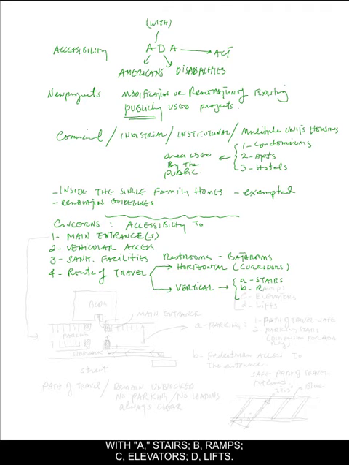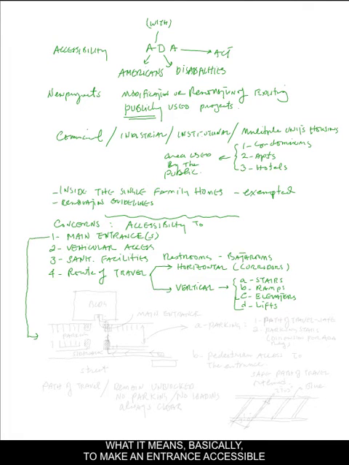B. Ramps. C. Elevators. D. Lifts. So these are the main areas in which you need to be concerned about. Let's talk about the first item, the main entrance.